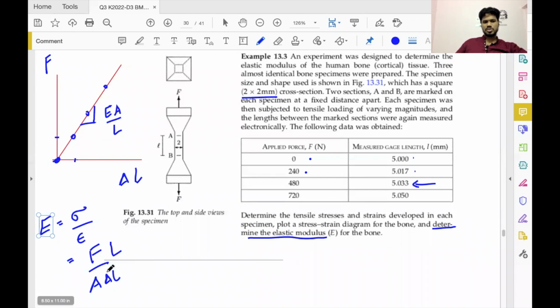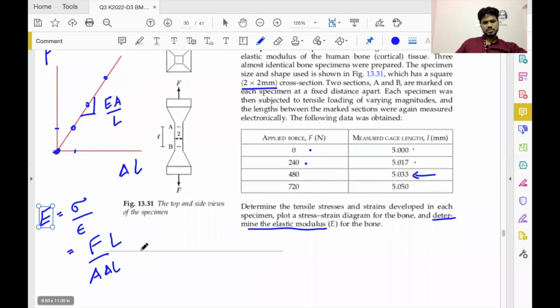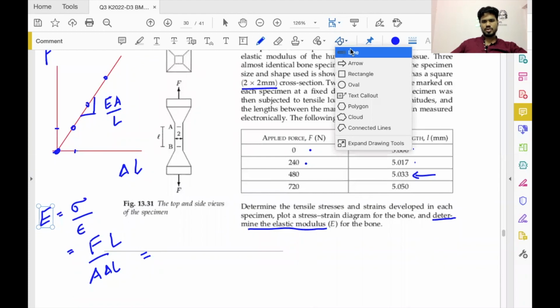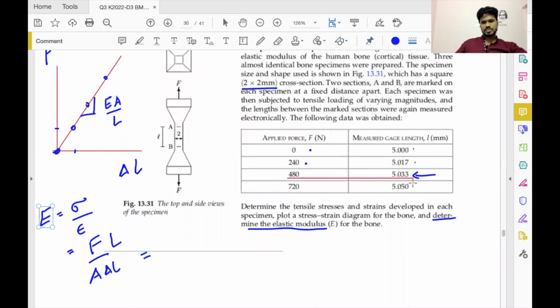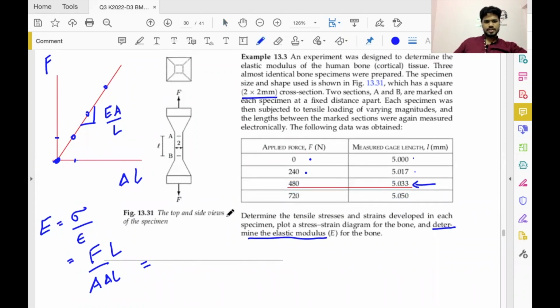Notice F is proportional to delta L. The proportionality constant is EA by L. But in this case we want just this E. So let's plug in the numbers from here and find it. Let's use one point, that is this, and quickly find out.